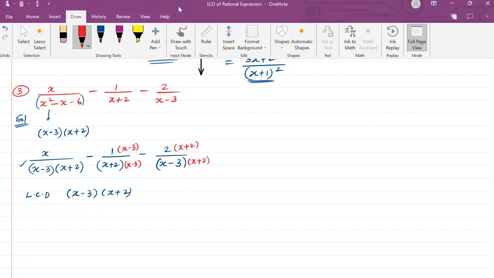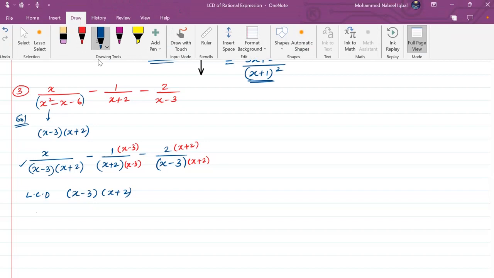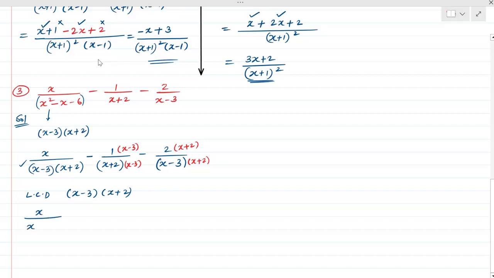So this is x over x minus 3 and x plus 2, minus x minus 3 over x plus 2 into x minus 3, minus, I multiply this one, the minus inside. Okay, we will do it directly. 2x plus 4. After that, we will multiply the minus in the next step.